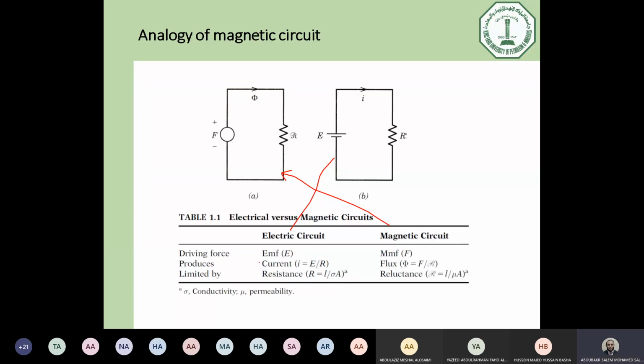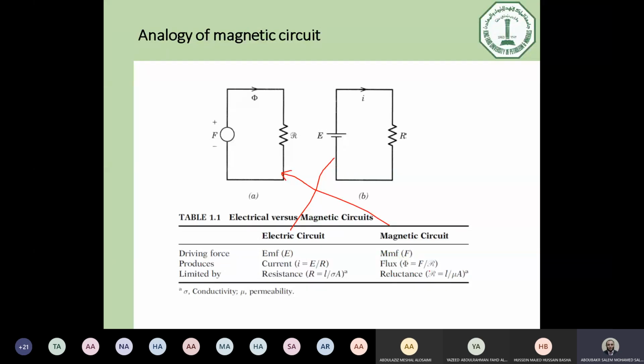Again, the force is EMF in the electrical circuit and MMF in the magnetic circuit. The source produces current in the electric circuit and flux in the magnetic circuit. The limitation of the material itself against current or flux is called resistance in the electric circuit, and the corresponding quantity in the magnetic circuit is called reluctance.